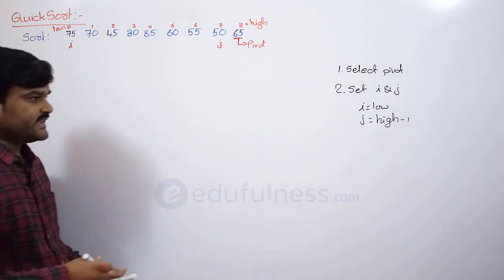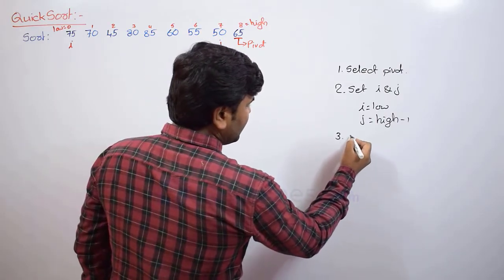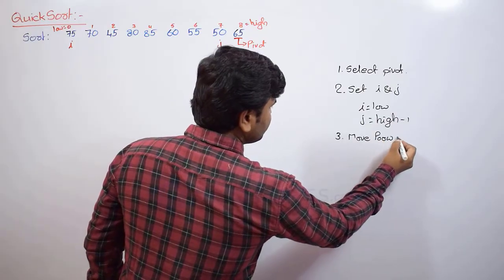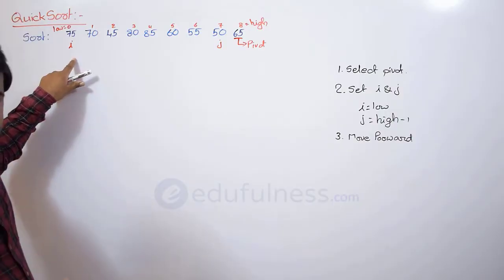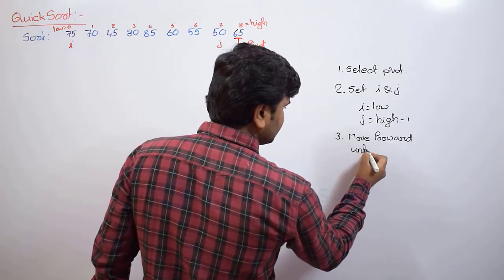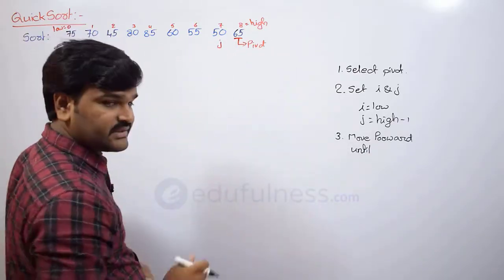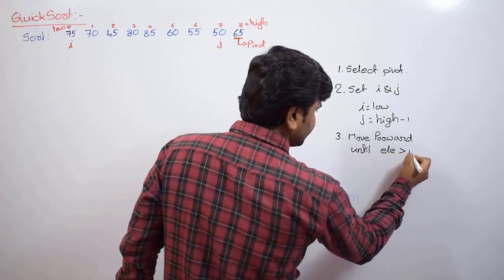Then in the third step, move in the forward direction from i until the element is greater than the pivot.